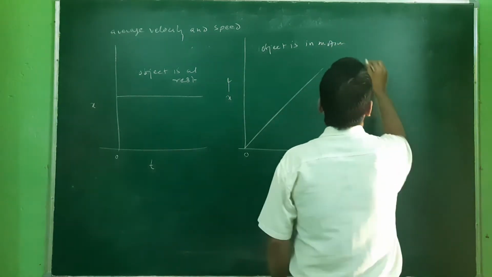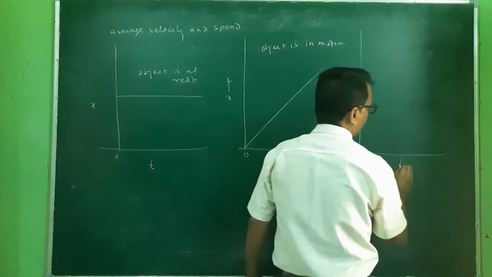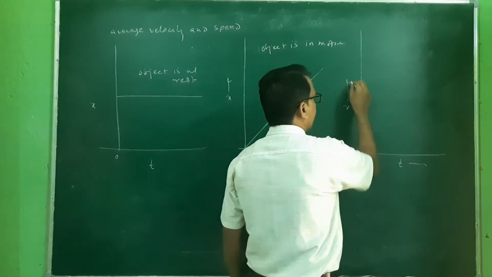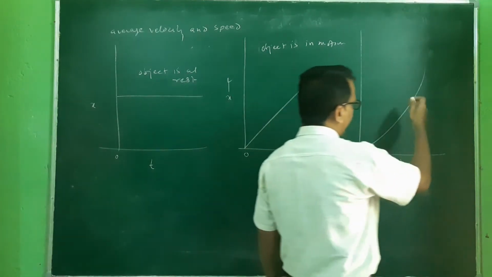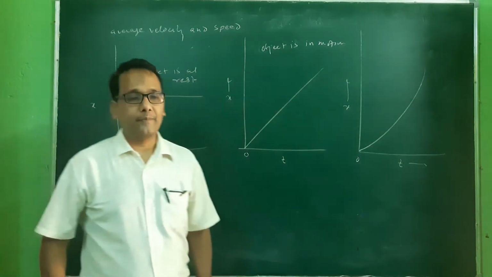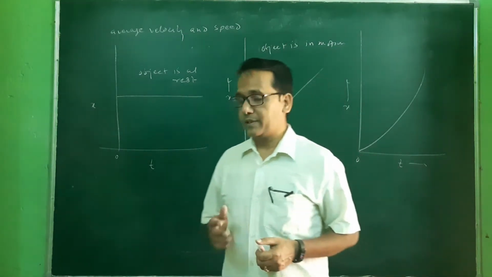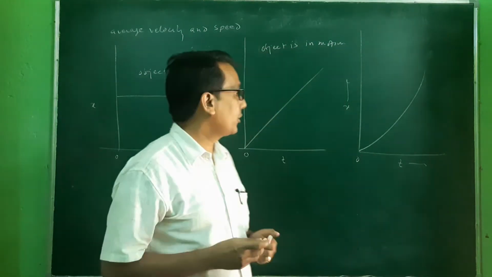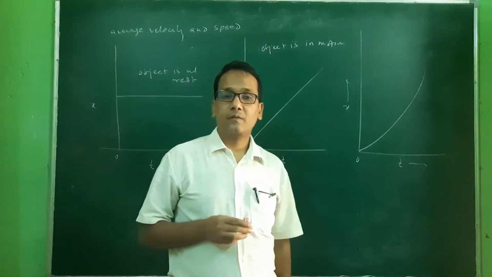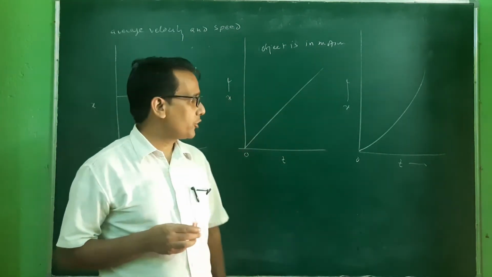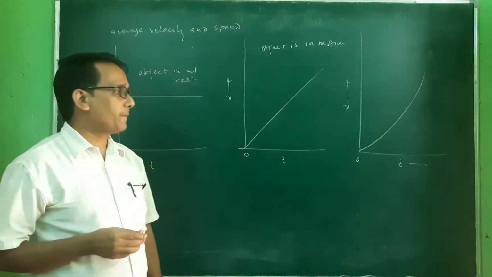We also have this type of plot, a curve, where again the position changes with time. When the position of a body changes with time, the object is in motion, and here we have to define average velocity and speed.